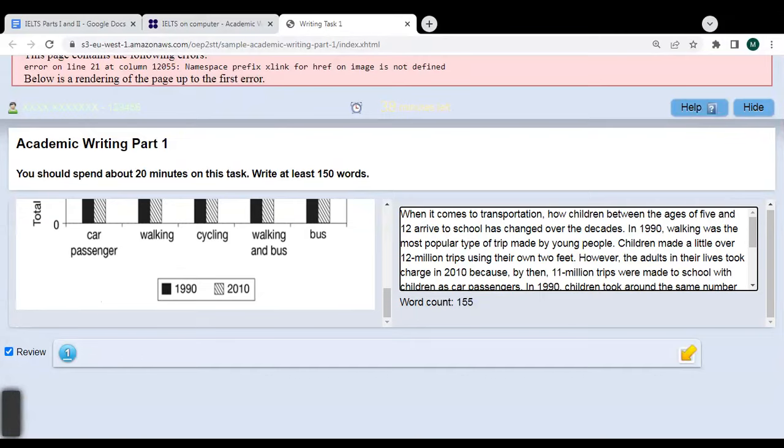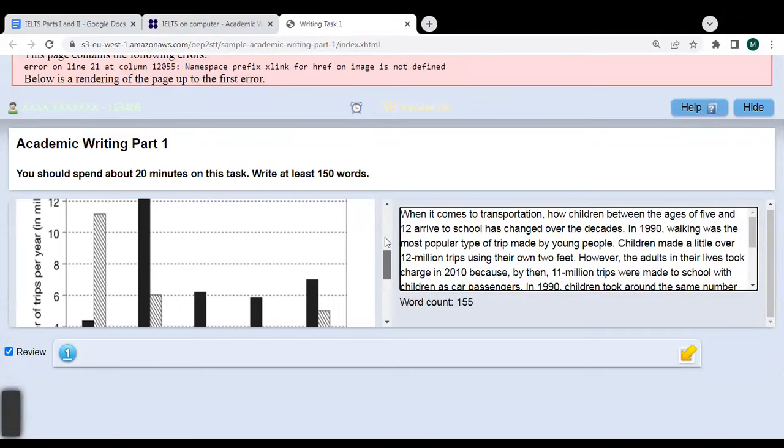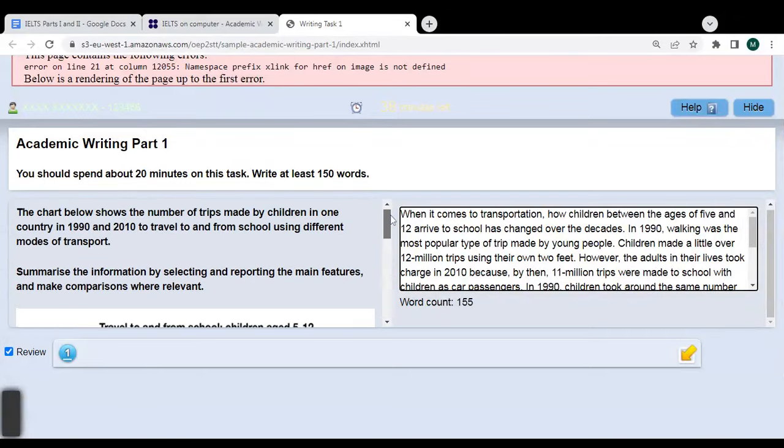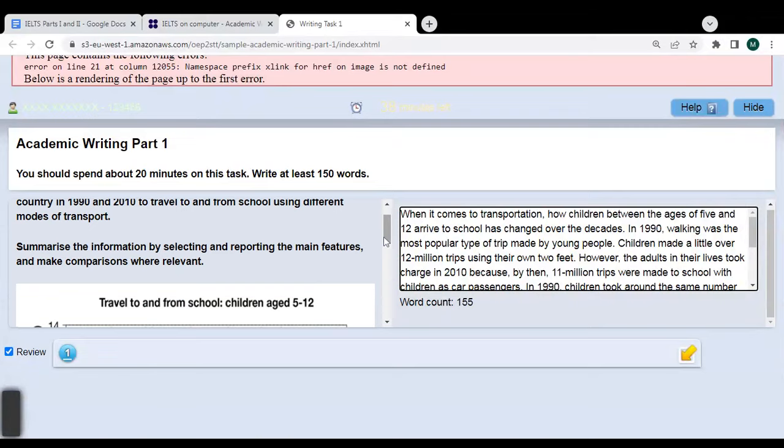I definitely did it under 20 minutes, and I was able to create 155 words using this graph to the left, looking at the total number of trips per year in millions travel to and from school by children ages 5 through 12. And I believe that I did, again, looking at 1990 to 2010, and I feel satisfied with what was created within that time frame.